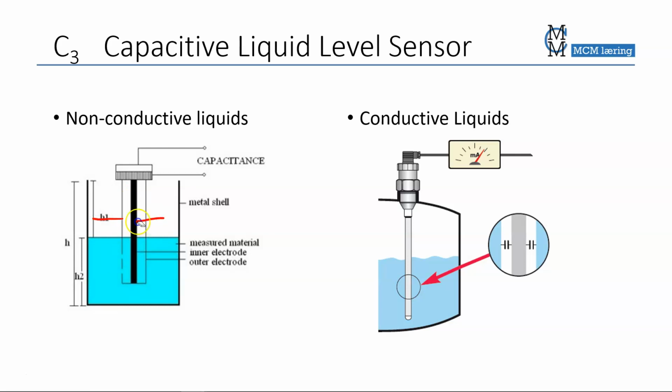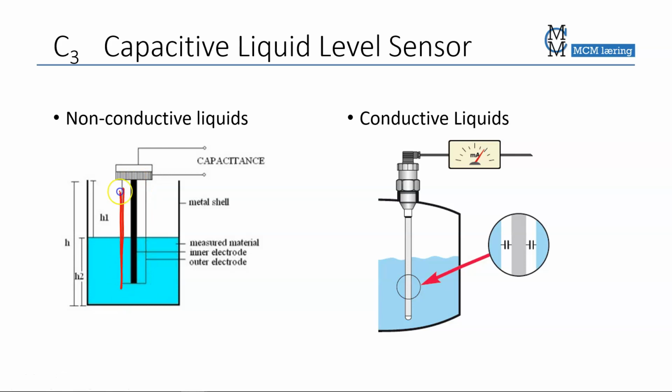Of course, the first area here is actually a tube surrounding a center core. So this tube here will make one area of the capacitor, while the center core makes the other area of the capacitor.